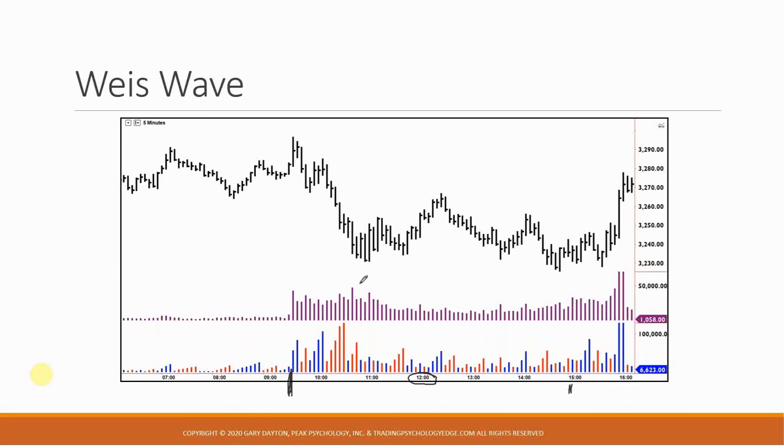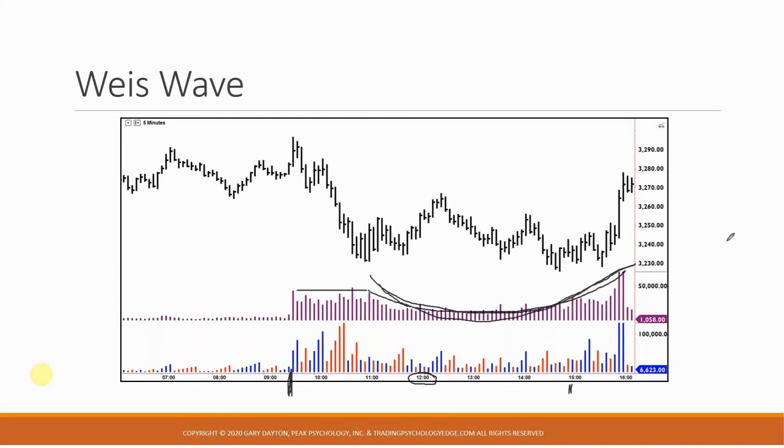You can see that there's what we call the volume smile. The volume is large during the first hour or so of the morning. Then it drops off. It gets lowest in the noon hour, which runs basically from 12 to 1:30, 2 o'clock. This is the S&P I'm talking about. And then it goes up in the afternoon. So you get that smile, right?